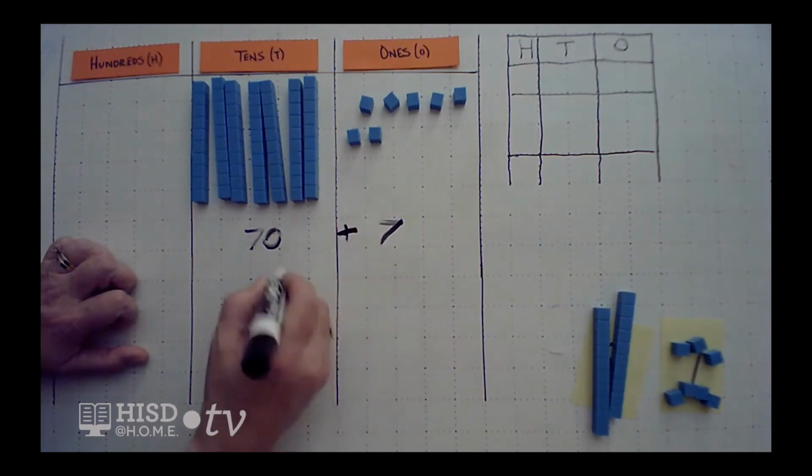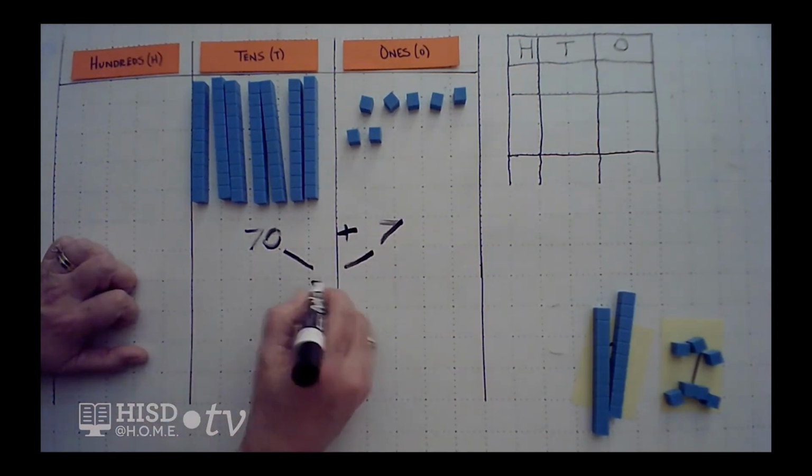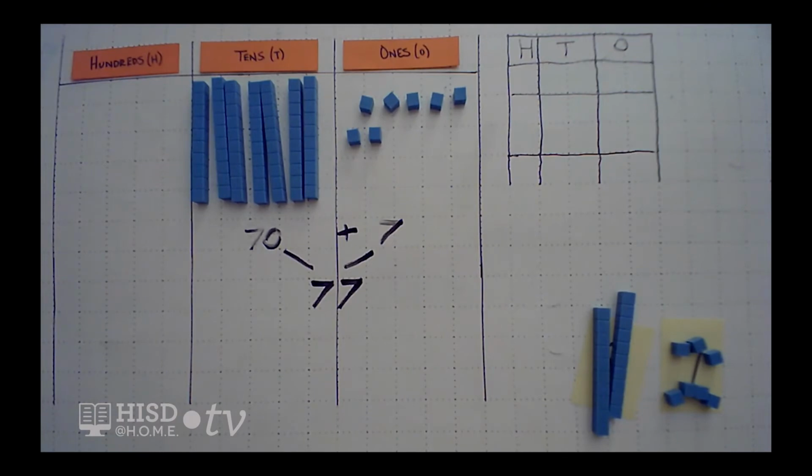And if I compose those two values together or join them, I have 77. So that's one way that we can solve 104 minus 27 using base 10 blocks. But we can also solve 104 minus 27 using our place value table.